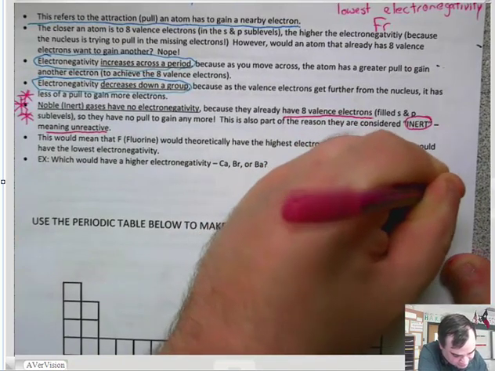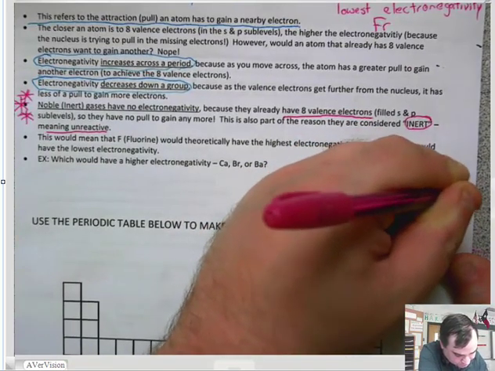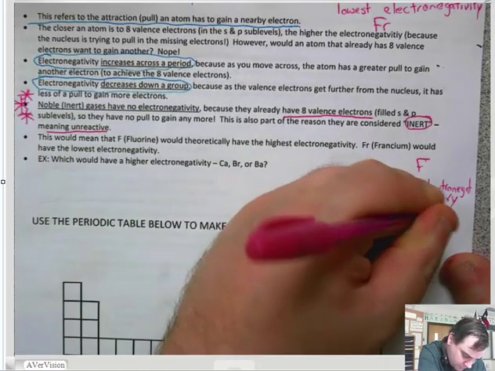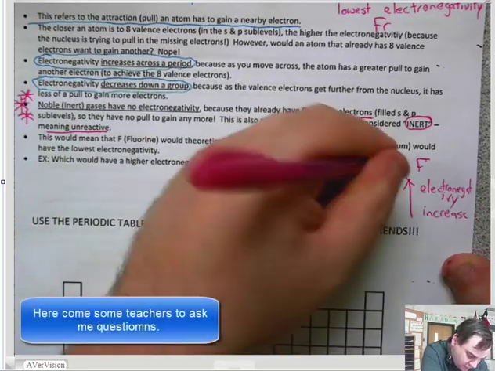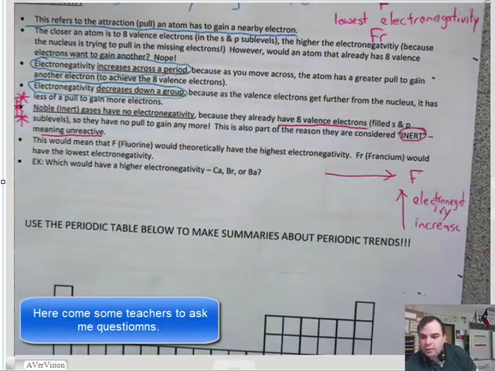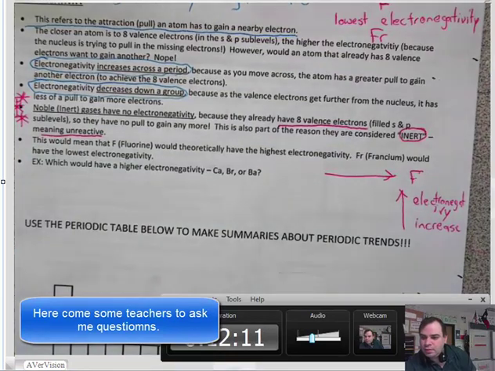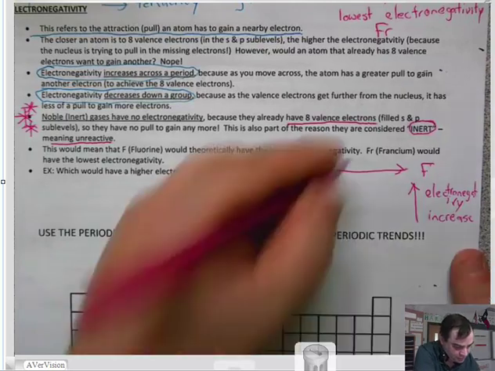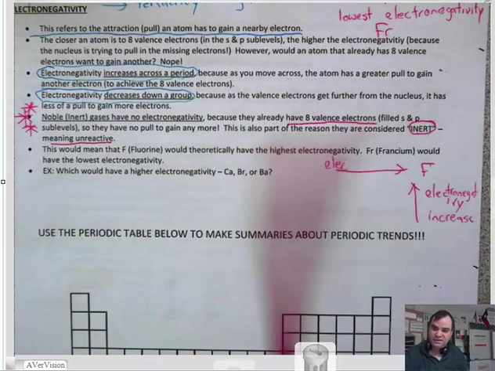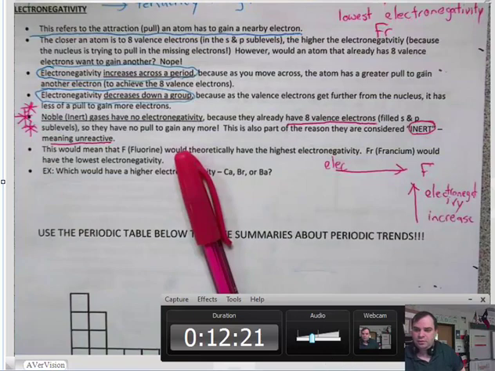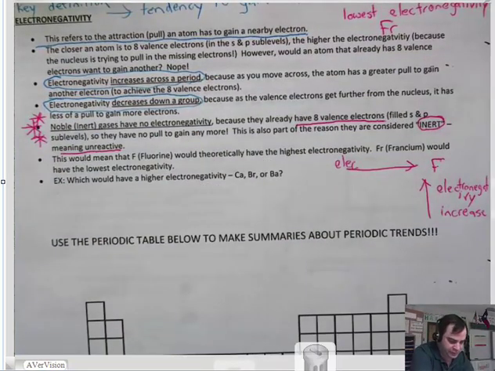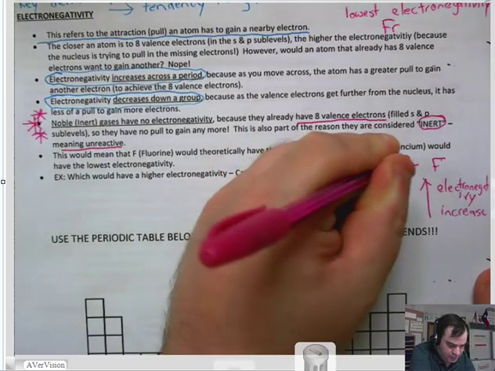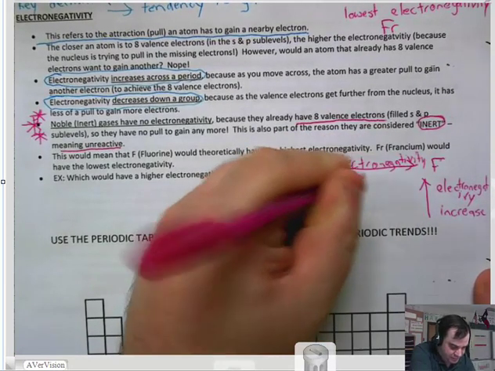Electronegativity increases going up a group, and electronegativity increases across a period.